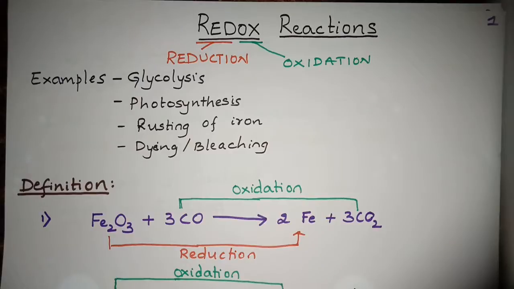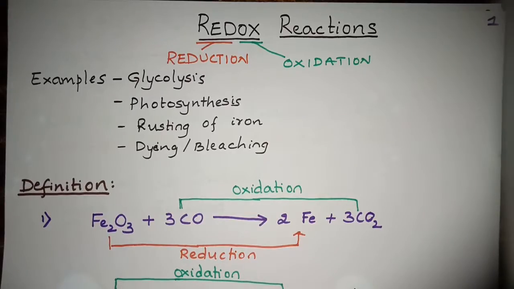And how do we do that? We add carbon monoxide. Now notice this reaction very carefully. You see that in the process iron oxide is losing oxygen and becomes molten iron without oxygen, right? And then we have carbon monoxide that gains oxygen and gets converted into carbon dioxide.